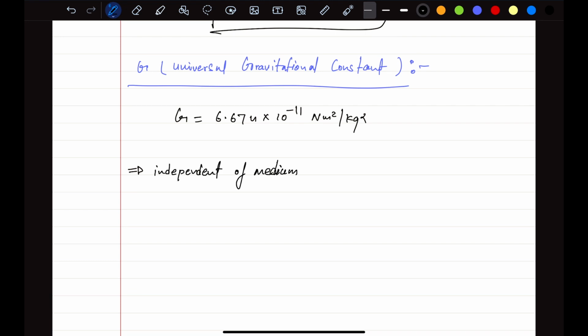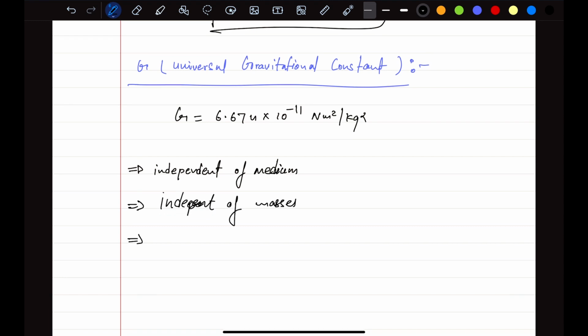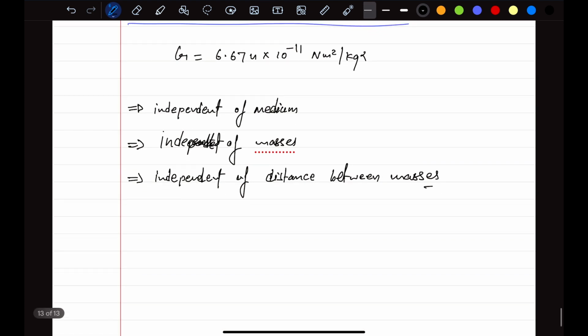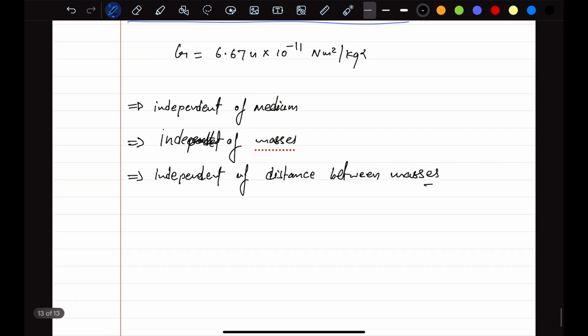Second, G is independent of the masses. Third, it is independent of the distance between them. So it will always be a constant. Next, the unit for the universal gravitational constant is Newton meter square per kilogram square. This is the SI unit.